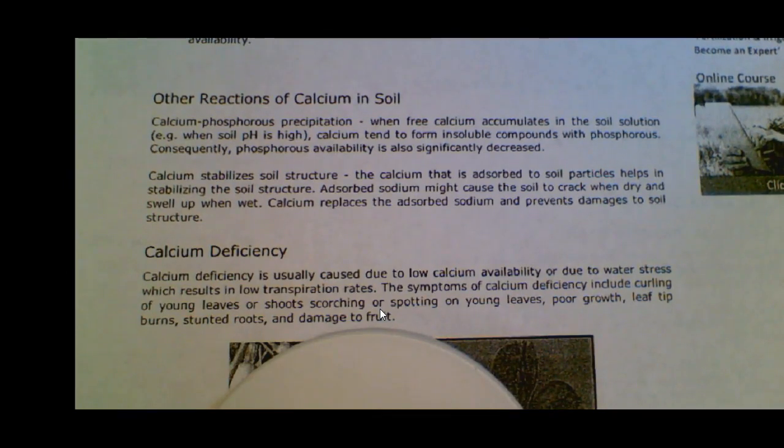So it looks like drought damage, which essentially it is, because it's also not taking up the water, but that's not the main influence. The decrease in transpiration rate can actually cause the calcium deficiency. Okay, so that's going to do it for calcium.